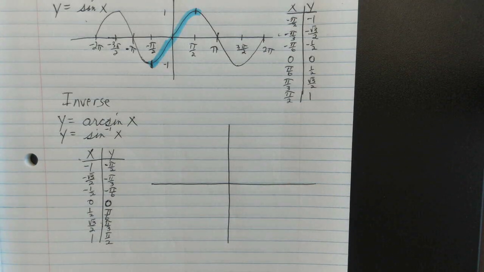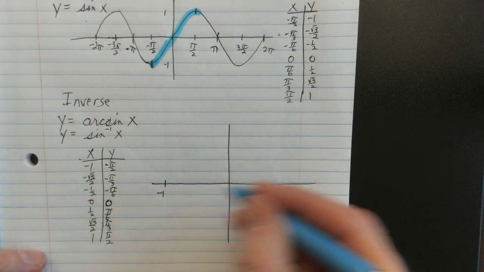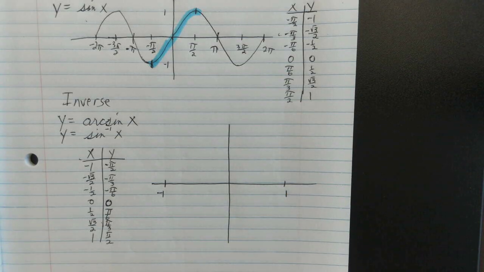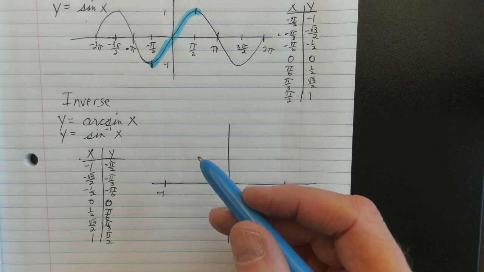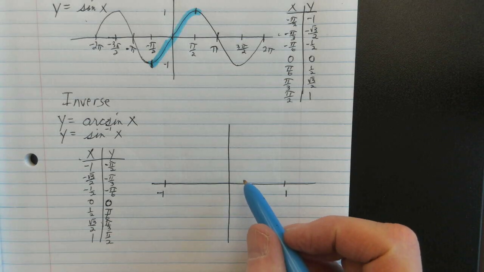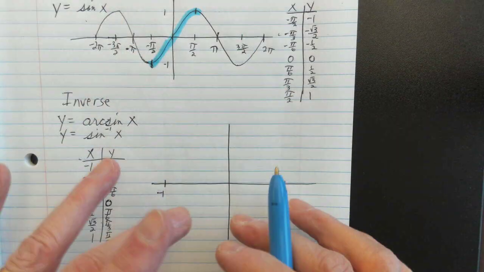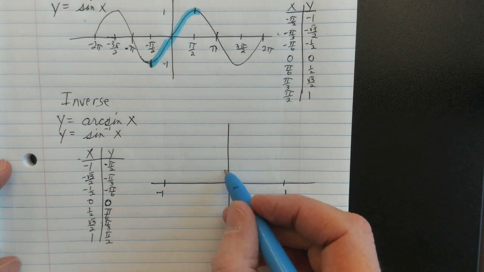Let's go ahead and grab it. We got a table here. I'm going to be real careful on what I'm doing here. I'm going to put negative 1 here, positive 1 here, give myself some room, and scale this.